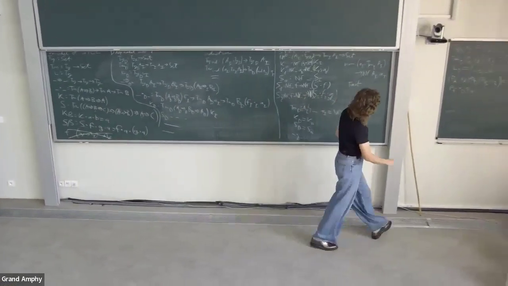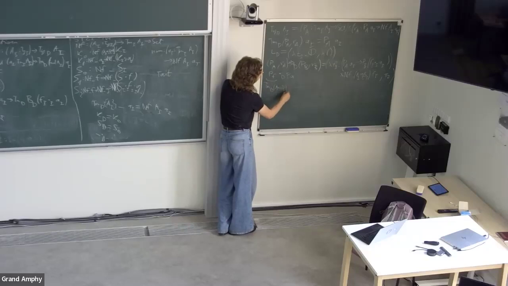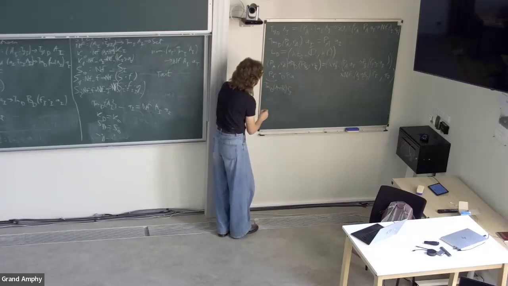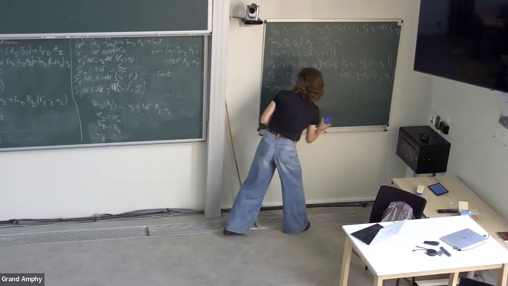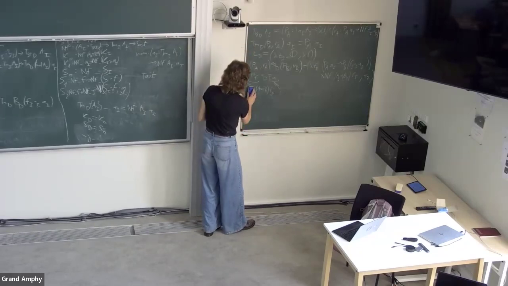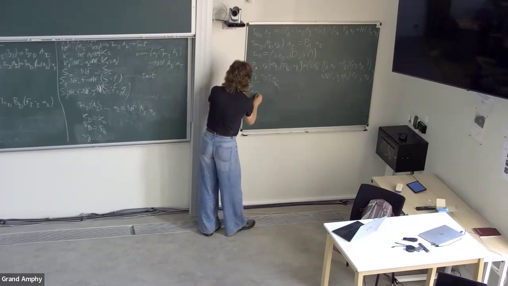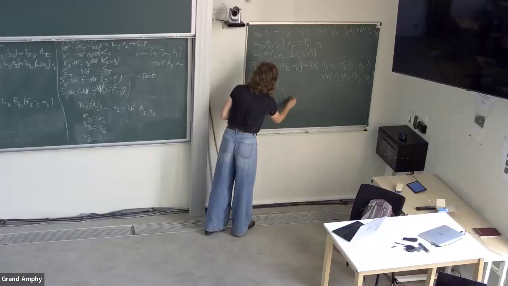So P of F has type the predicate for A arrow B at Fi, and P of A has type the predicate at A for AI.